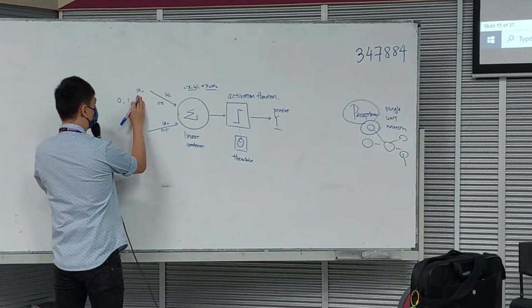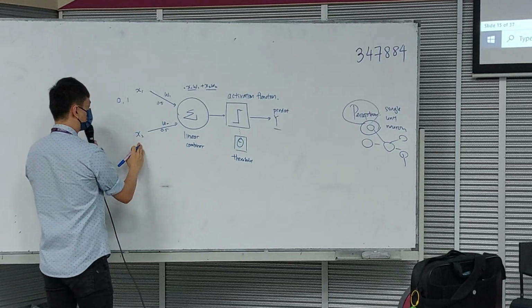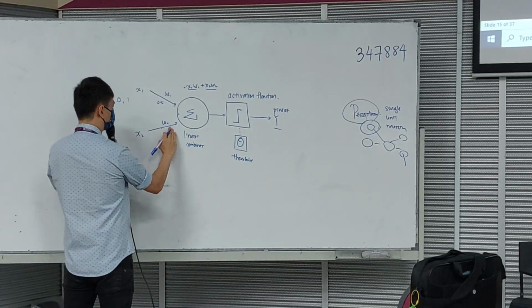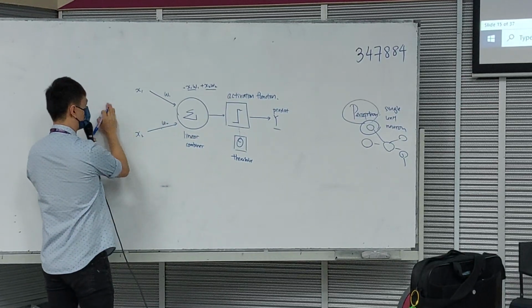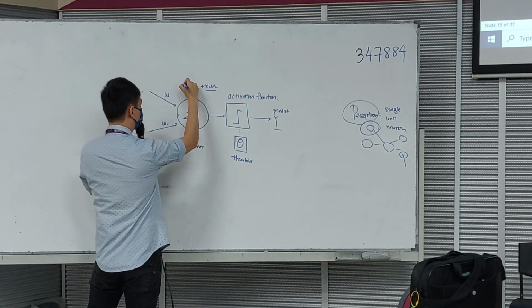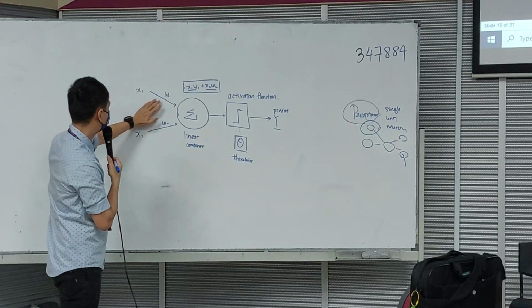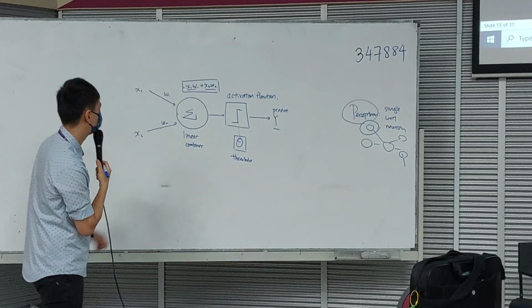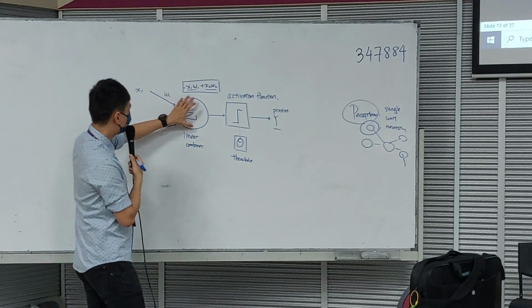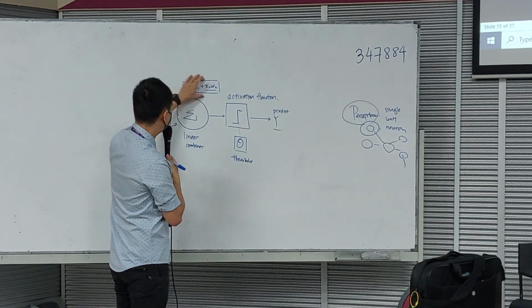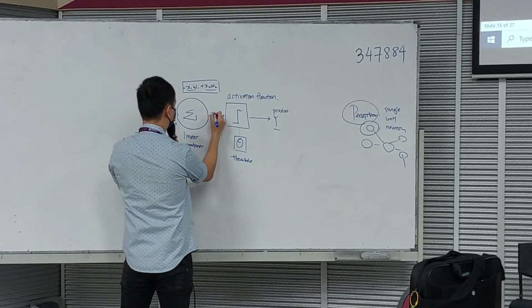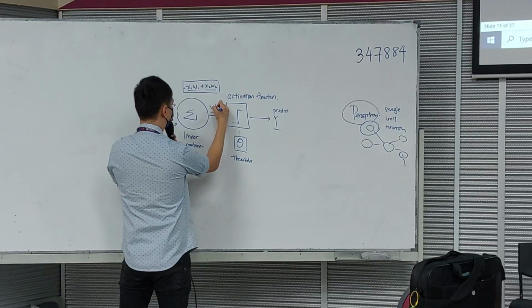So we have this value multiplied with W1. We have this value multiplied with W2. At this moment, I don't want to assign any value, to avoid confusion. So this linear combiner will just add these two terms, x1 multiplied by w1 plus x2 multiplied by w2. By adding up these two terms, it will give you some value.